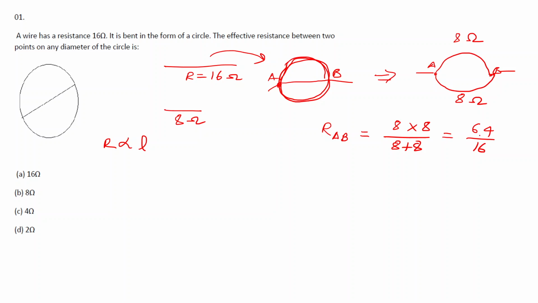So the final answer will be 4 ohms. So the equivalent resistance between any two points in this circle will be 4 ohm. So C is the correct answer here.